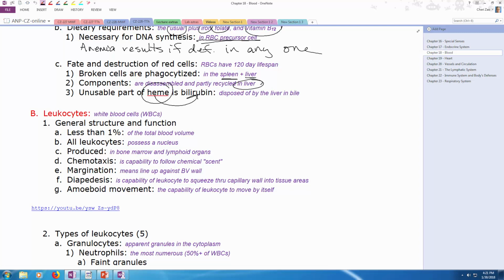Now let's... In jaundice, is our bilirubin high or not? In jaundice, your bilirubin level is high. But your bilirubin level should be handled by the liver, right? Right. And liver should be putting it into bile, which is part of what's in your gallbladder, right?